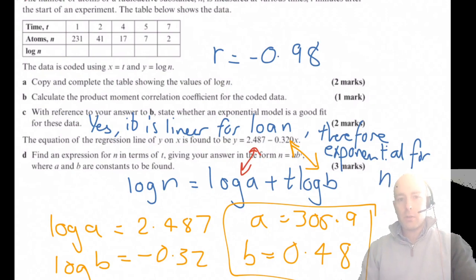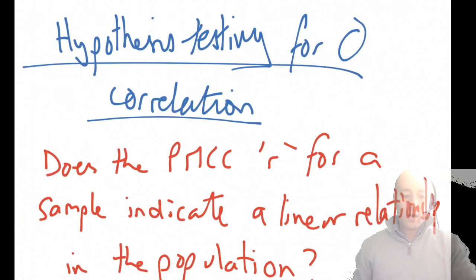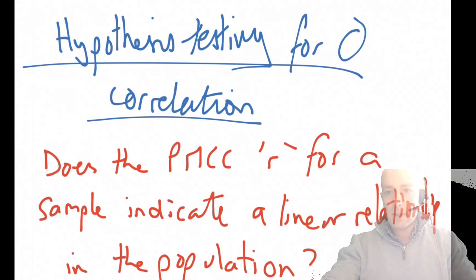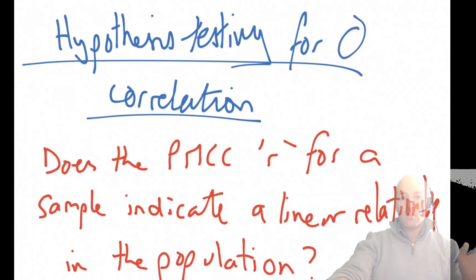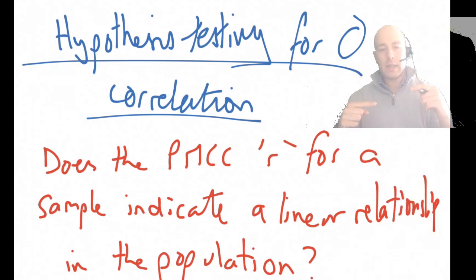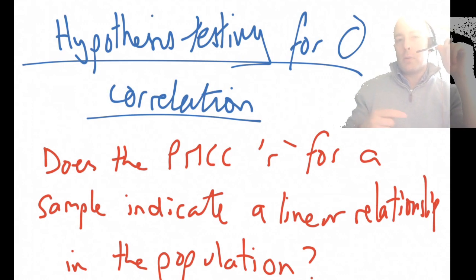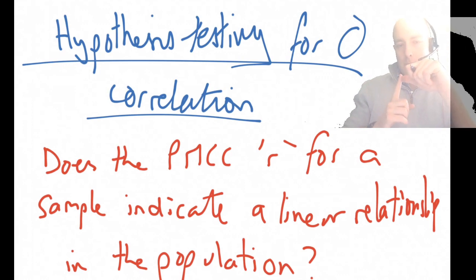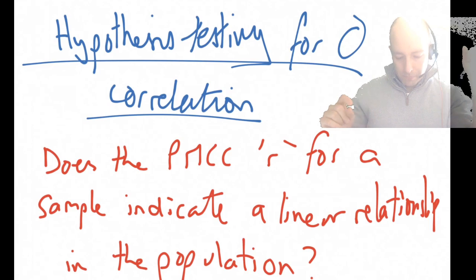What we're going to look at now, though, is hypothesis testing for zero correlation. Now, any hypothesis testing we've done so far has always had the same kind of format. Every hypothesis test we do, we're going to take a sample. We're going to look at a parameter in the sample. In binomial, we looked at the probability of success in the sample.